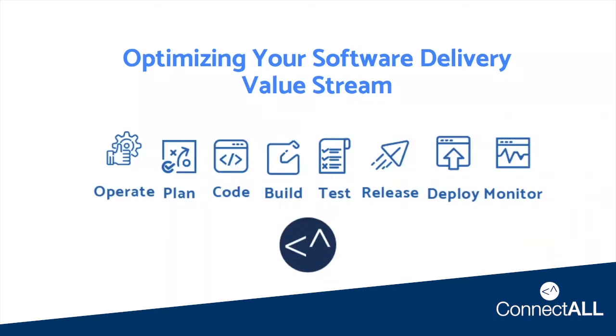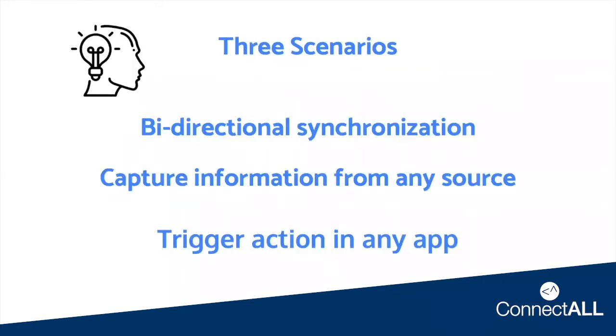There are three scenarios that we've been talking about here at ConnectALL. Those are full bi-directional synchronization between any two tools using our custom adapter. We also do have synchronized premium adapters, and they have a place as well, but this really brings that whole set of products in the DevOps space into that realm of connection and really deals with that explosion of tools, being able to connect those tools into my planning tools.